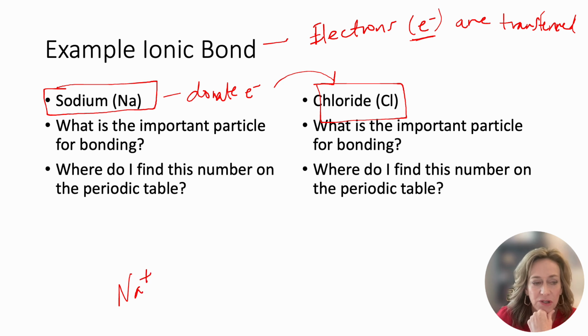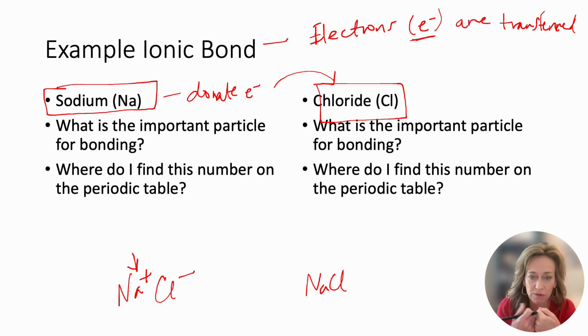It becomes negatively charged. So we have a positively charged cation and a negatively charged anion, and it's the attraction of those 2 charges. You don't really write them as sodium plus and chloride minus; it would just be written NaCl. But it's the attraction of those oppositely charged ions that makes the bond.